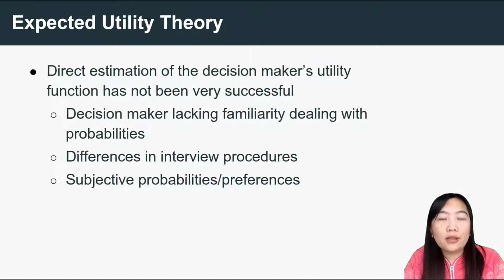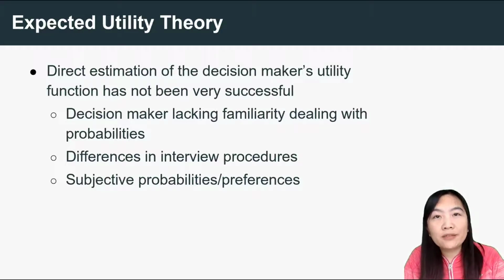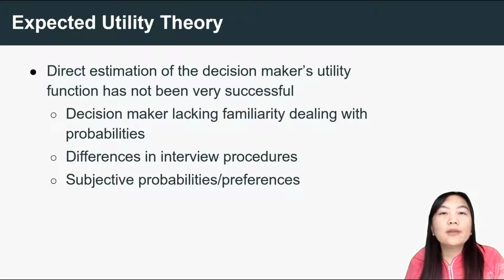Another most important factor is that you are asking for subjective probabilities, and it might depend on that person's mood. Sometimes the subjective probability might be higher, sometimes lower. So it is again not very credible, and because of those reasons, the direct estimation of the utility function has not been successful.